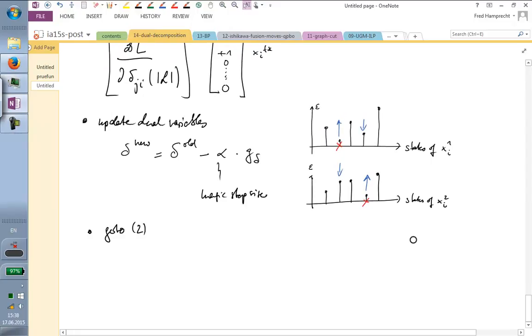Okay, now this has its limitations, of course. For example, if you have a function, I'm drawing some equicontour lines. Let's say this is delta 1, and this is delta 2.